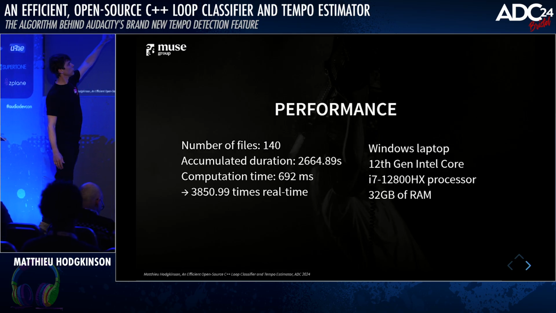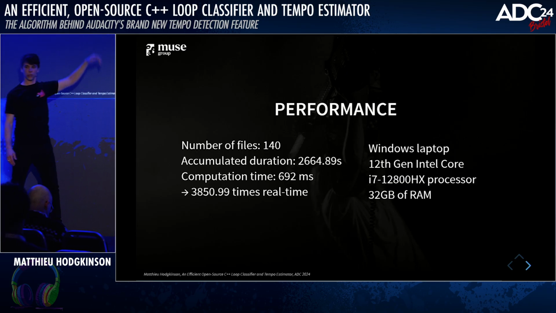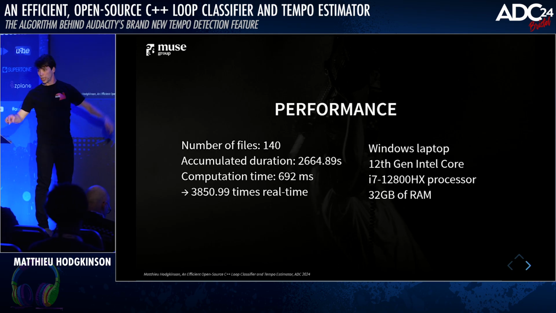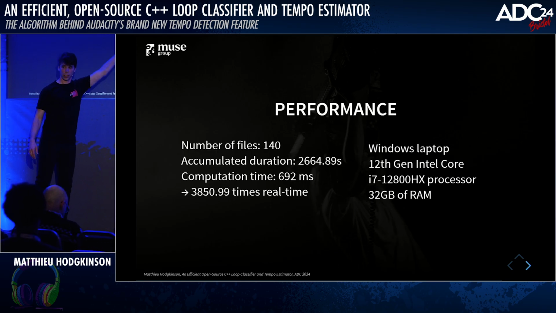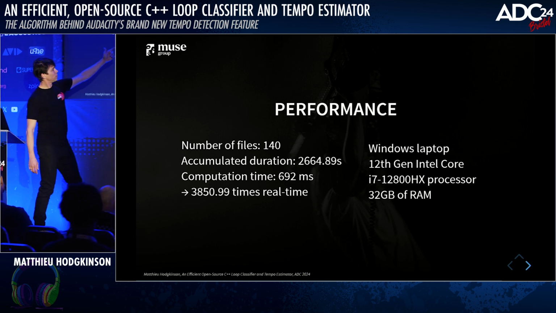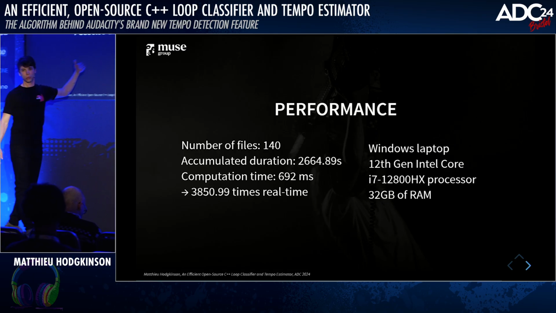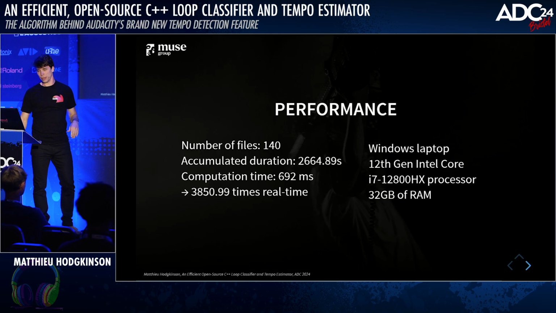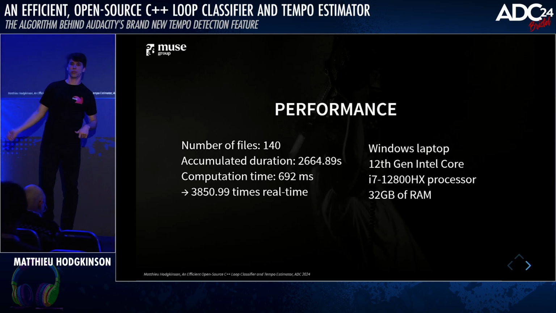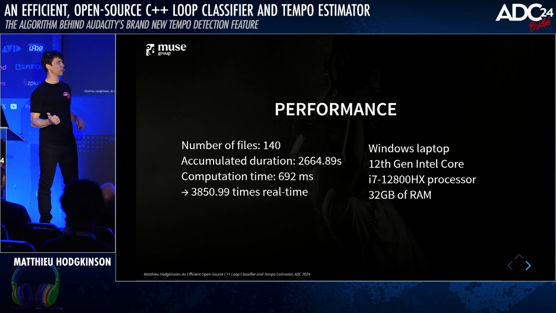It's a total of 140 files, which amount to 2,700 seconds. On this machine, here are the specs, if that makes any sense to you, it's all classified in 700 milliseconds, so we are almost at 4,000 times real time. So I think that if you use this in your product, it's not going to cause any noticeable delay of any sort.